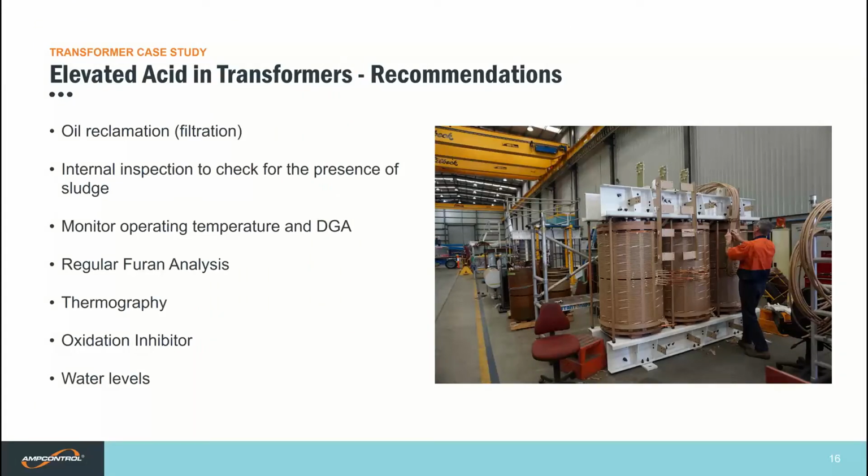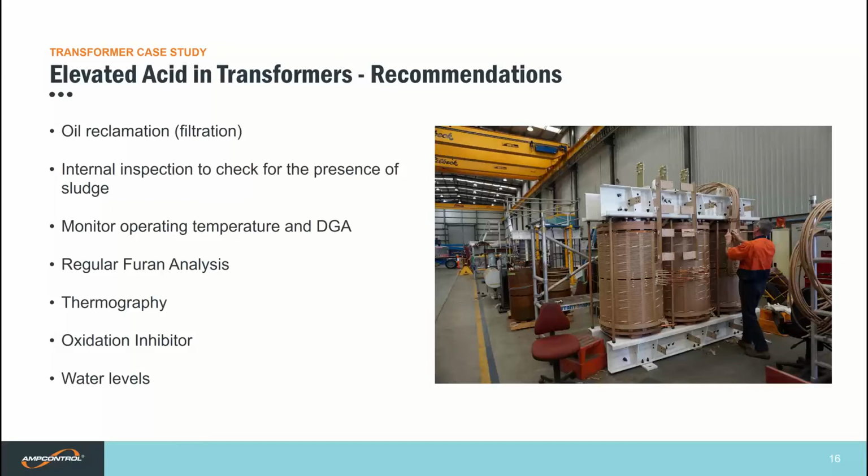Where we test transformers and the acid levels are elevated, we pass on these recommendations to our clients. Certainly oil reclamation and filtration can be considered to remove acid and return the oil to a non-damaging condition. During any internal inspection, check for the presence of sediment and sludge, and monitor the operating temperature and dissolved gas analysis.